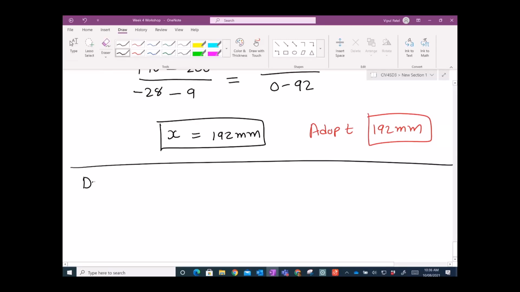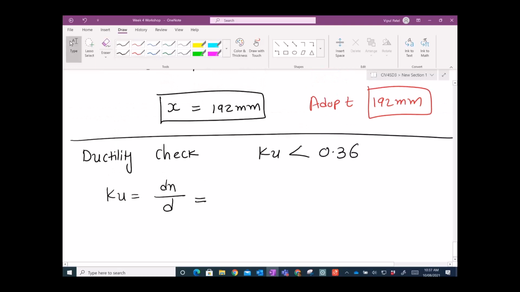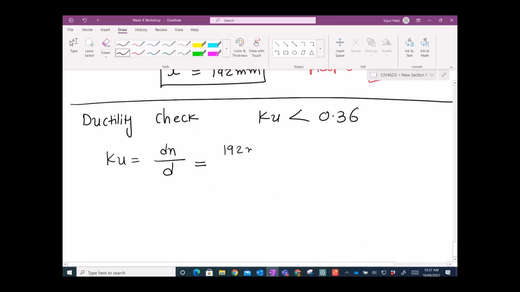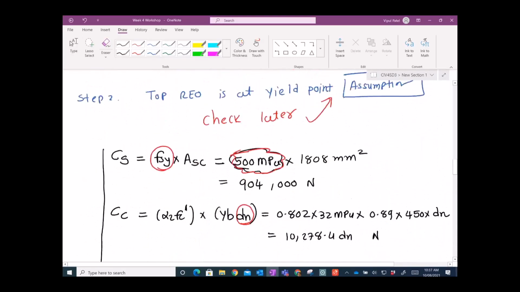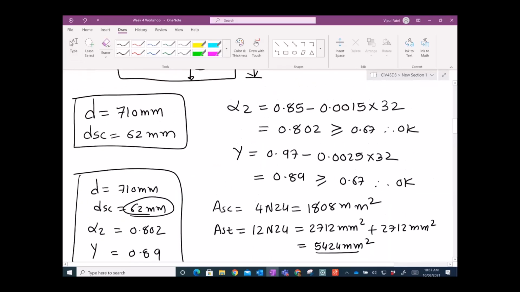Now we need to do the ductility check. We can have a couple of ductility checks. How are we going to make the ductility checks? Ku should be less than 0.36. This is option number 1. If I want to calculate Ku, you have dn over d. dn would be your 192 millimeters, and d, I think you remember in step number 1, we always handy those numbers, 710, I believe.